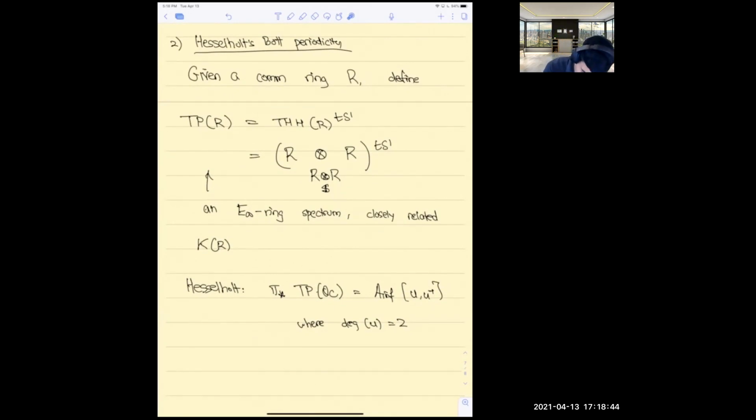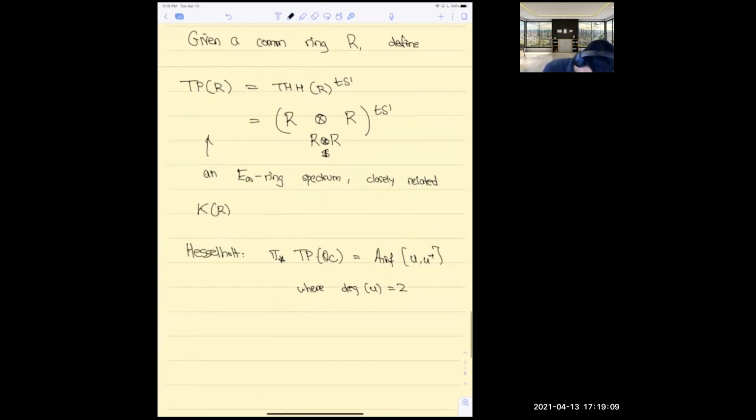There's a completely different way of producing A-inf out of O_C, which is to put it through this algebraic topology machinery and look at the coefficient groups that come out of it. And so if this is meant to be an approximation to the algebraic K theory of O_C, a natural question is what happens if you have not just O_C, but algebras over O_C? So this is, so to speak, the case of a point, and you want to understand what happens if you have a general object. And so that was the motivating question.